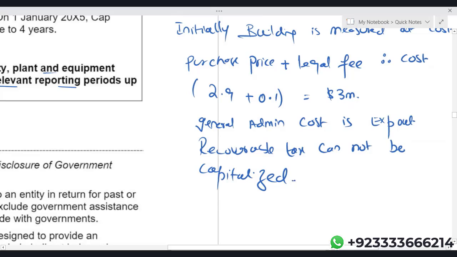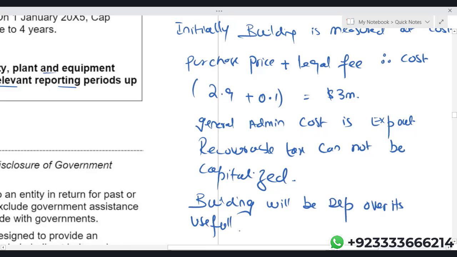Okay. Then can I say the building will be depreciated over its useful life? And if you don't forget, we did discuss one thing, that the depreciation method should match the pattern of economic benefits. And normally, I'm not saying always, but normally we'll be getting the same benefits from a building. So the straight line method is more suitable, and the examiner is going for the straight line method here.